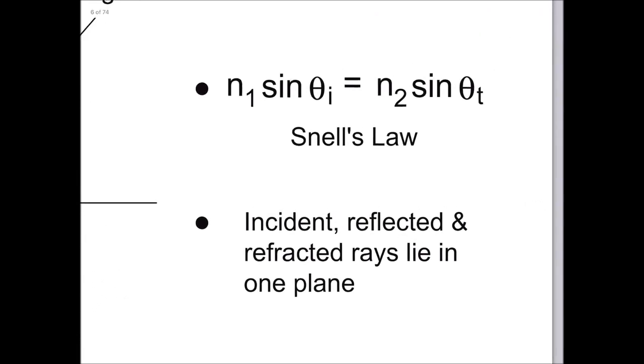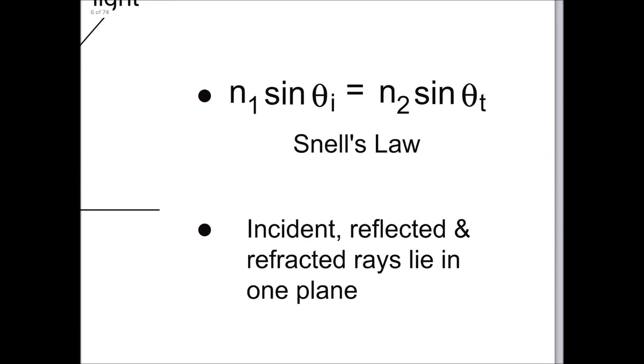The law is N1, the refractive index of the first medium, multiplied by the sine of the incident angle, equals N2, the refractive index of the second medium, times the sine of the transmitted angle, or the refracted angle. The second part of the law is the same as for reflection: the incident and refracted rays are all in the same plane.